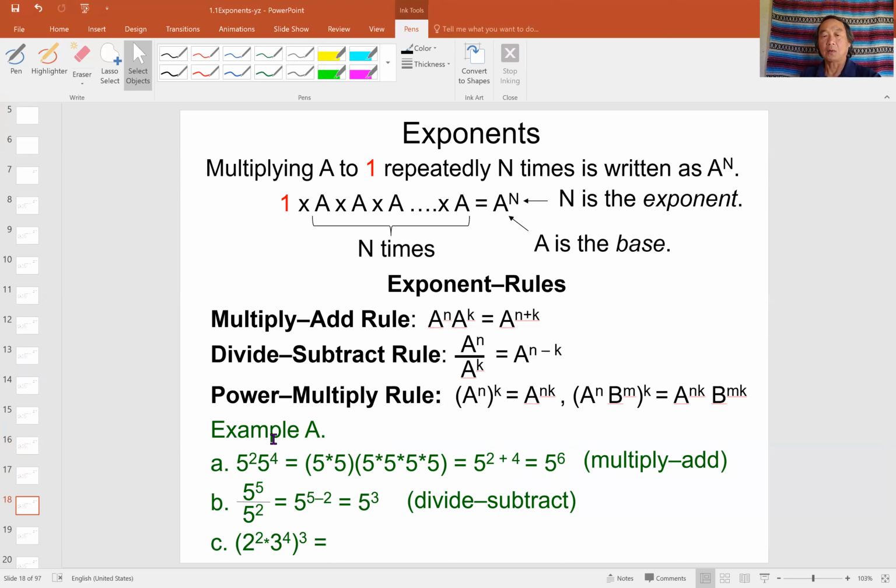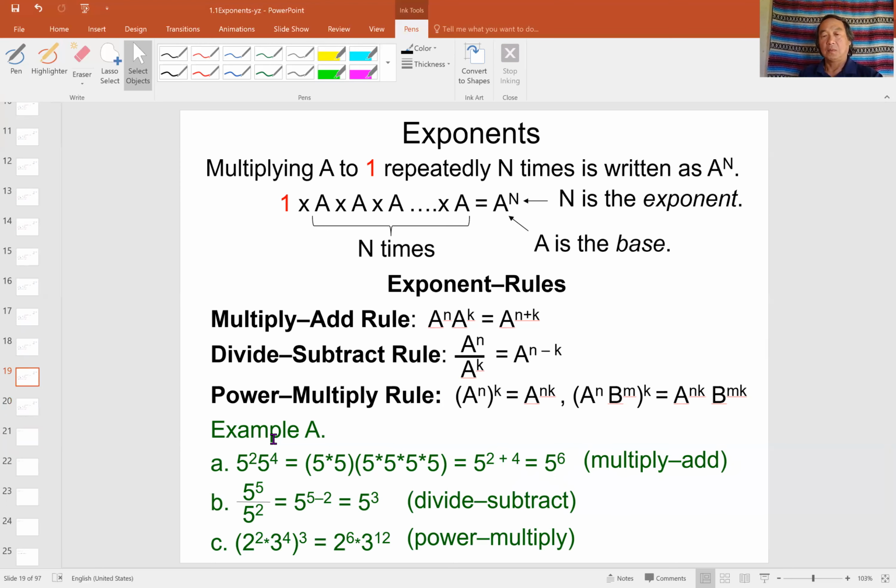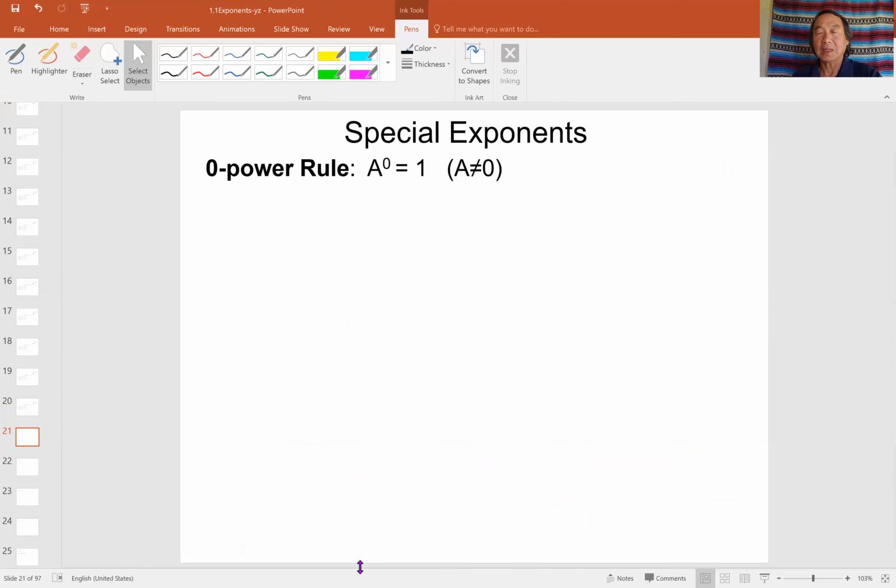Then power to power: this is how many sets of powers we have, so we multiply the exponent by the number of sets. So you will get 3 to the 12th power and 2 to the 6th. That's how we use those rules to compactify expressions of exponents.